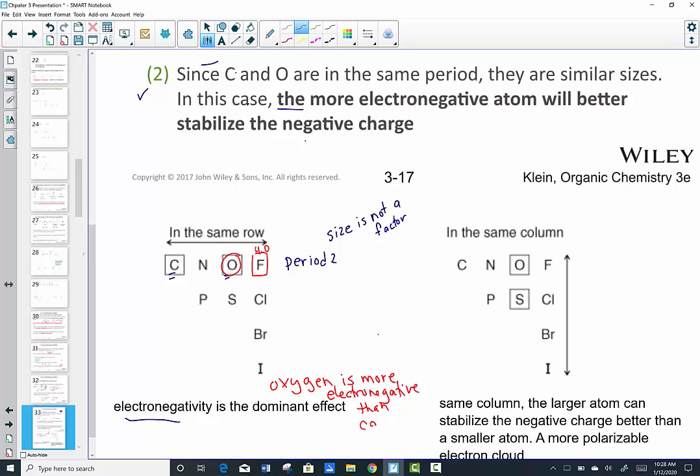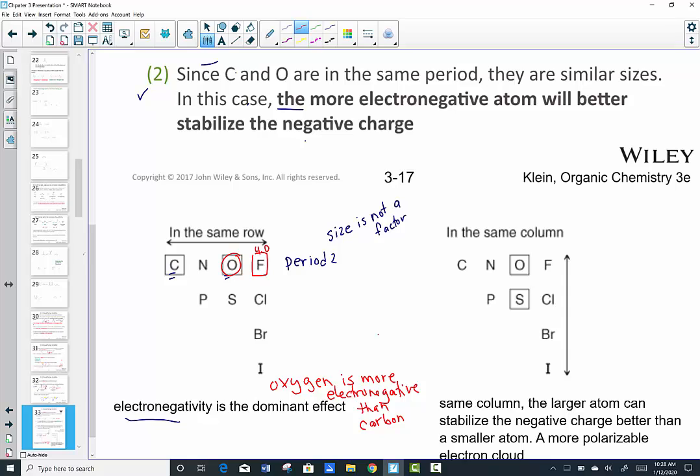Therefore, you can go back to the original question, and in determining which one is the stronger acid, answering that says, well, the stronger acid is the one that stabilized the negative charge better as a conjugate base, and therefore the more acidic proton will be attached to the oxygen and not the carbon.